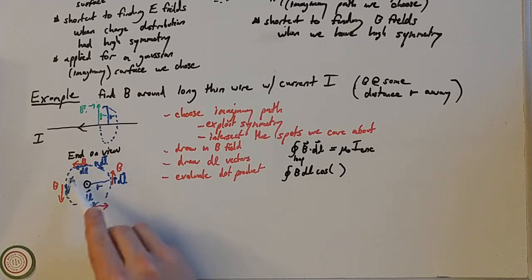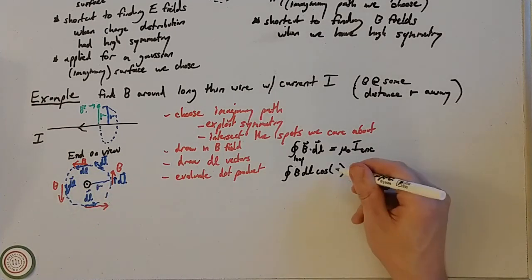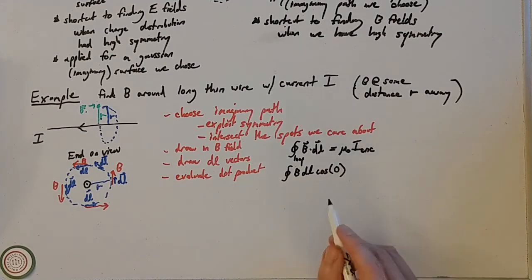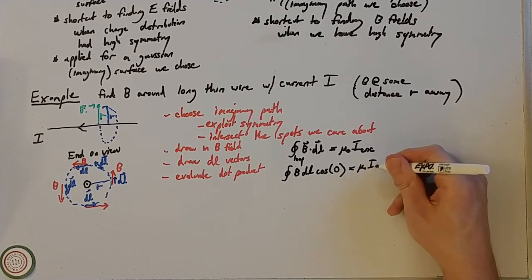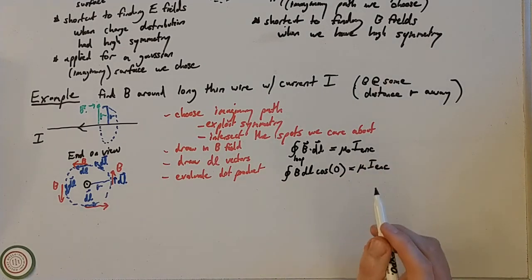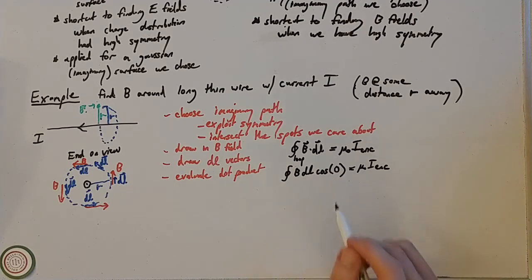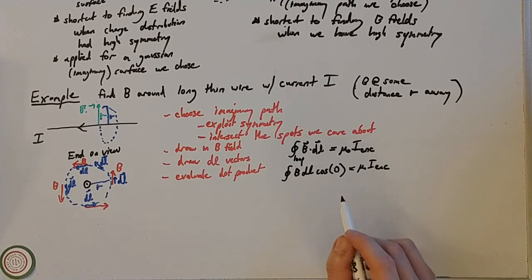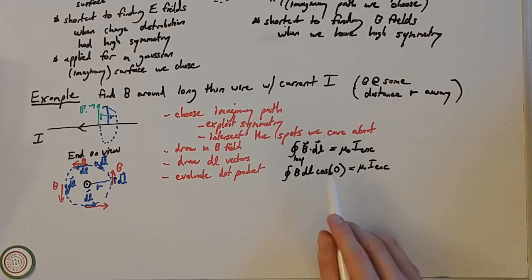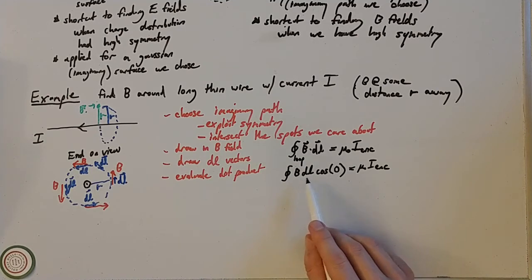They're aligned with each other, so the angle between them is 0, thanks to that symmetry. This is still equal to mu naught times I enclosed. So the cosine of 0 is just a 1.